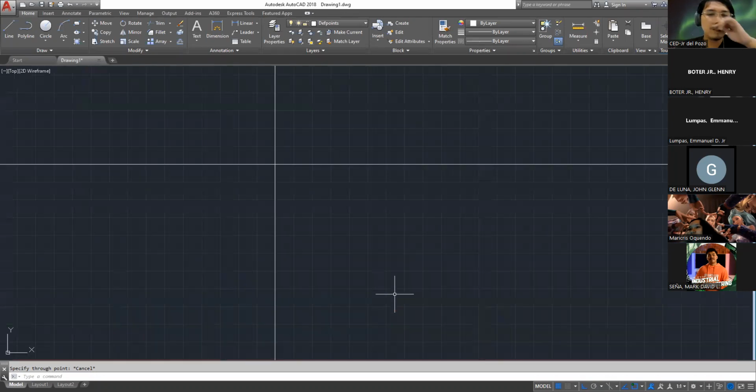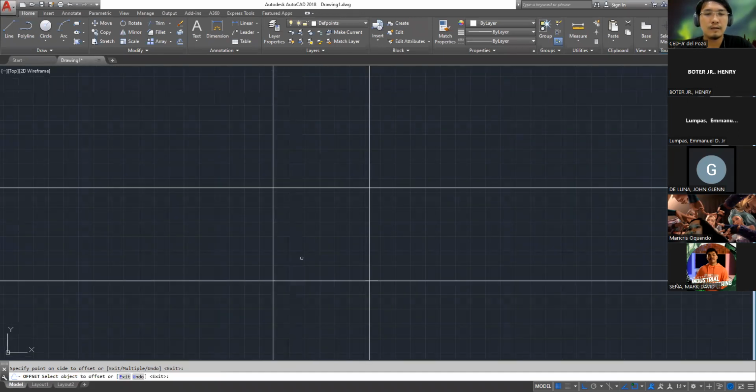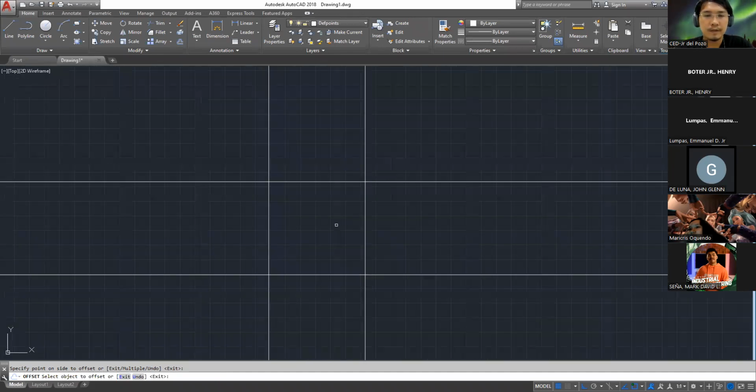So once you have your vertical line, i-offset natin yan by 10,000. Yan, kasi yan ang ating mismong area. Then after nun, i-offset natin siya ng 2,000 palabas.